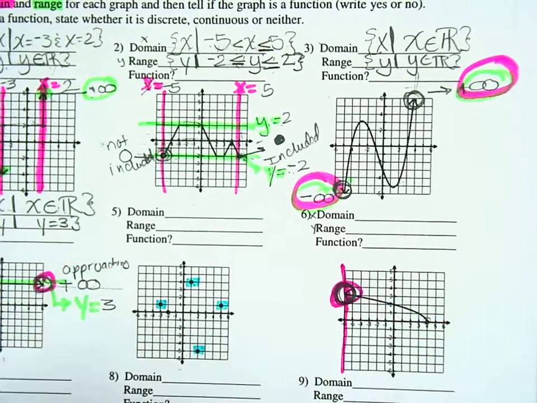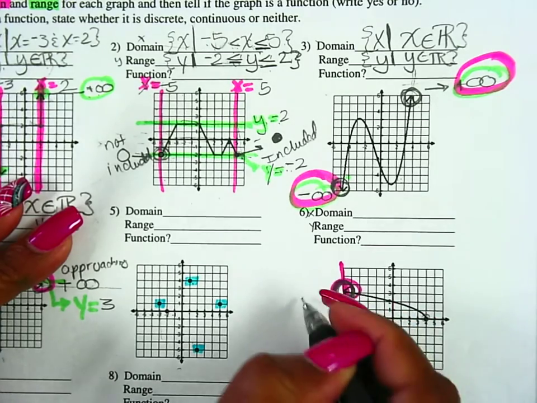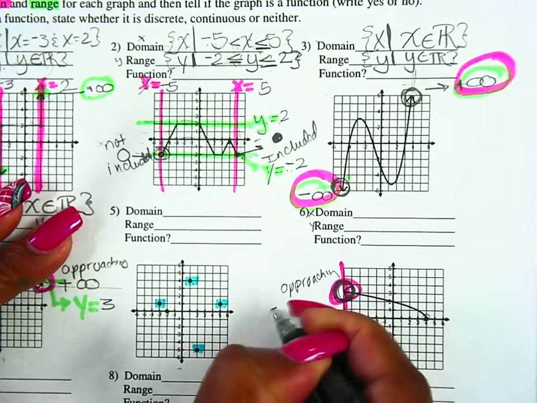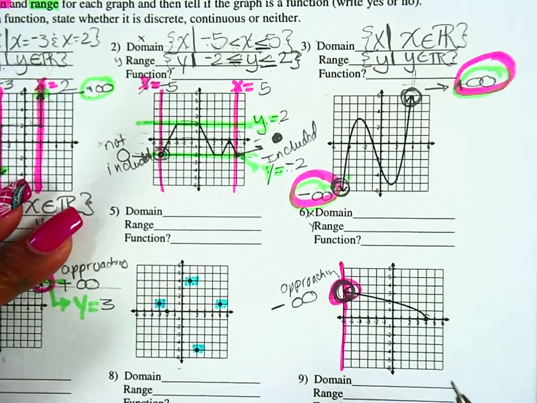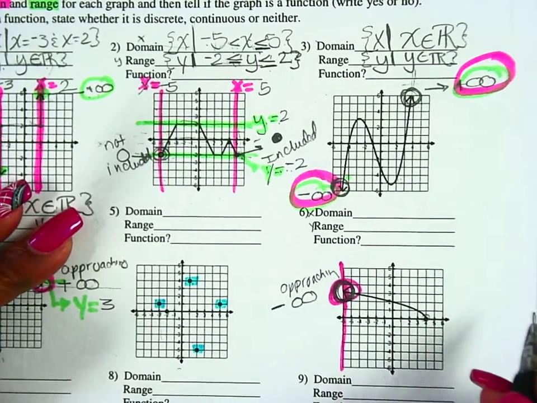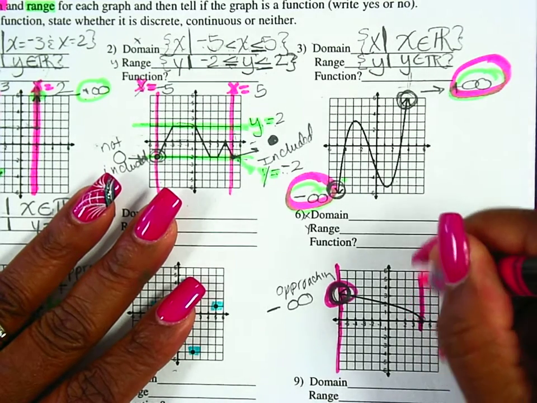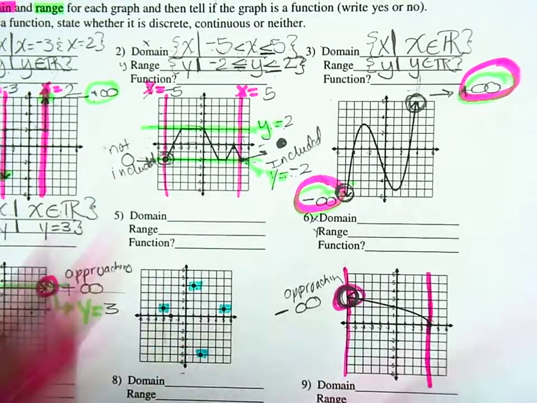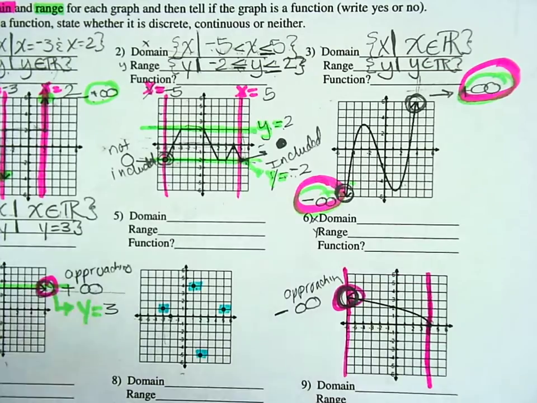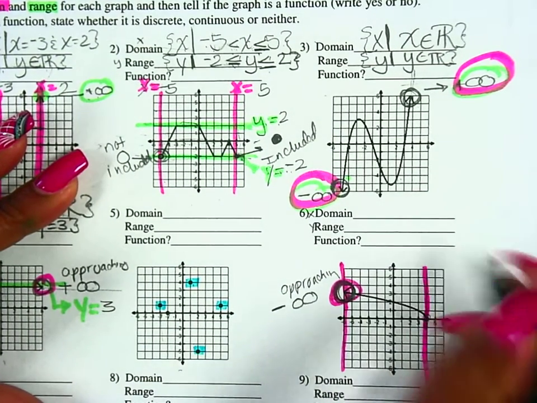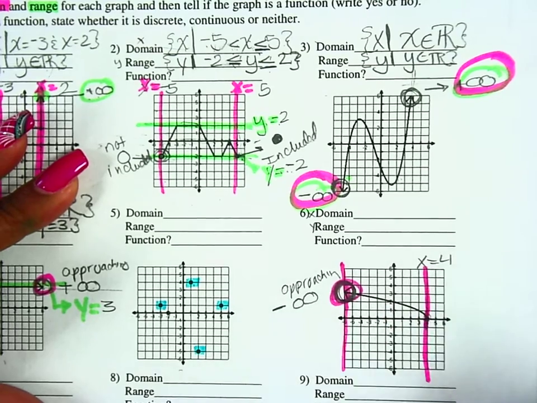So that means it's approaching what? There you go. It's approaching negative infinity. Now, when I go to the right boundary for x, it's got a closed circle. For that closed circle here, it's x equals 4.